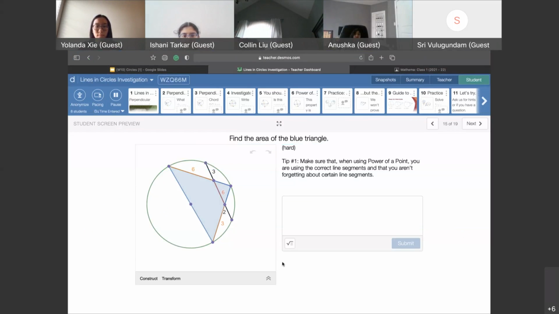Area, decimal, or whole number? Wait, the Pythagorean theorem only works on right triangles, right? Yes.